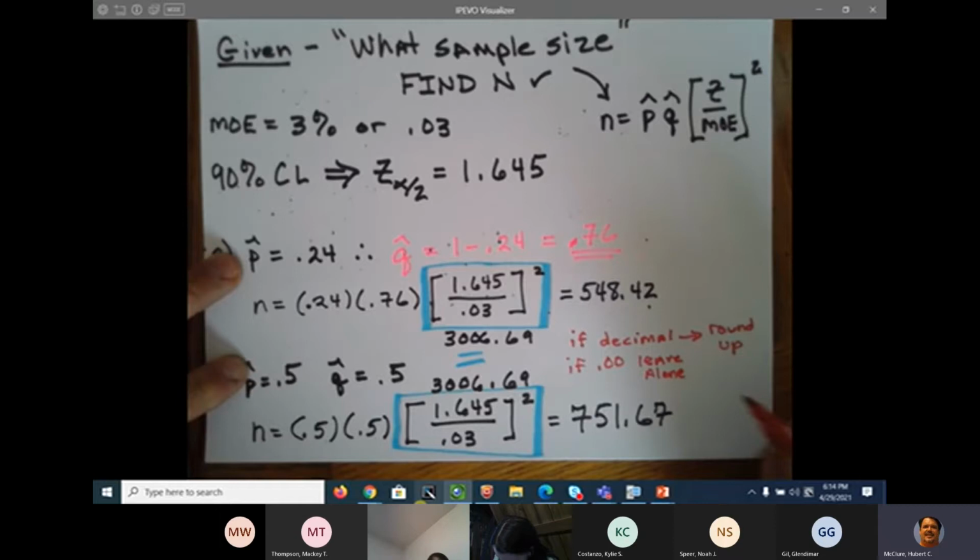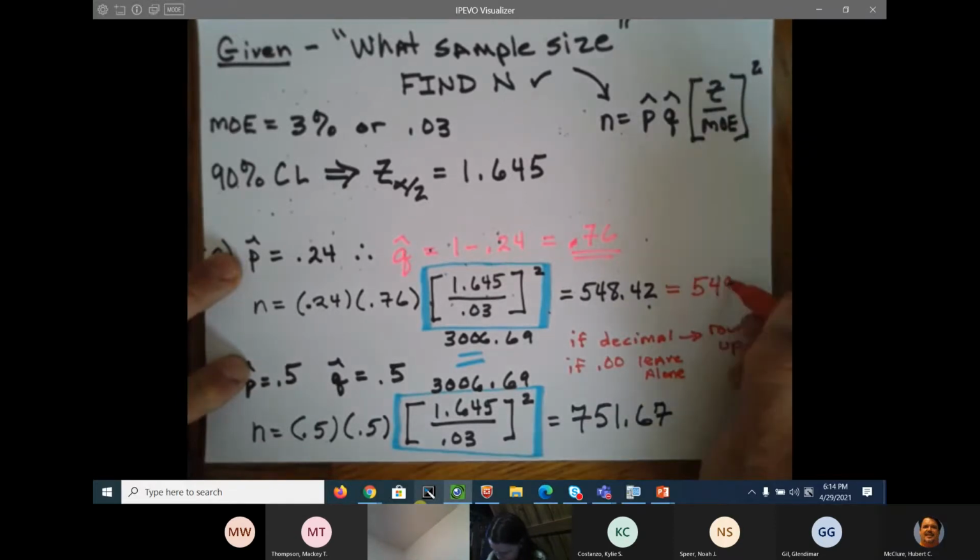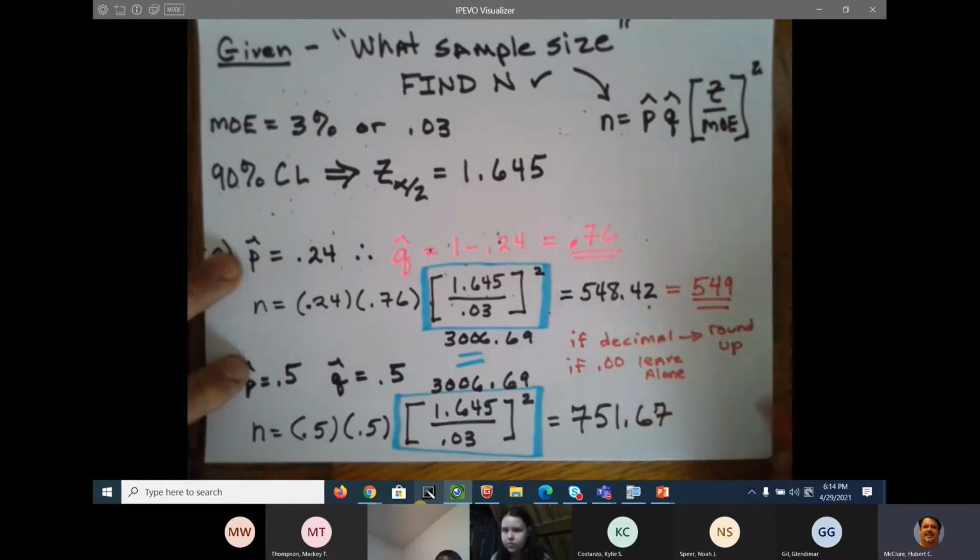So both of these are going to be rounded up: 549 and 752.